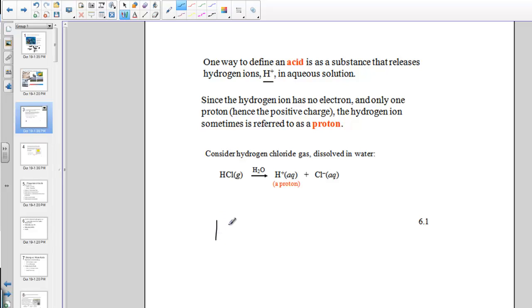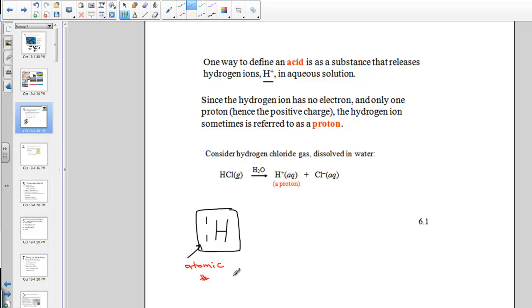Now remember, hydrogen on our periodic table has a mass number of 1 and atomic number of 1. If you find hydrogen on our periodic table, mass number over atomic number, the information we can glean from that, just to review, is that the atomic number tells us the identity of the atom.